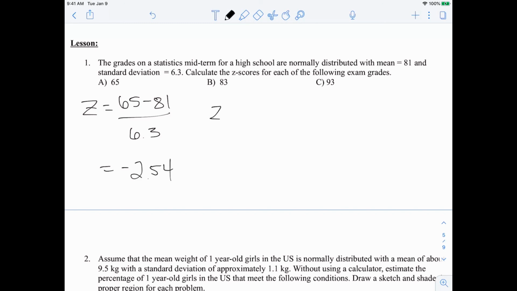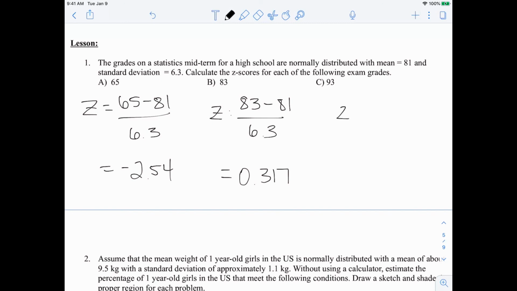For B, the z-score will be equal to the data value of 83, which is above the mean, so I should end up with a positive z-score here, 83 minus 81 divided by 6.3, and z will equal 0.317. So again, it's positive. And then C would be similar.